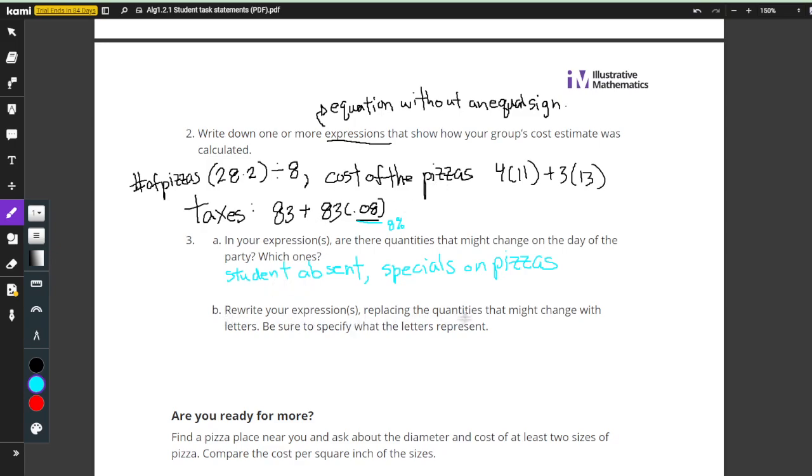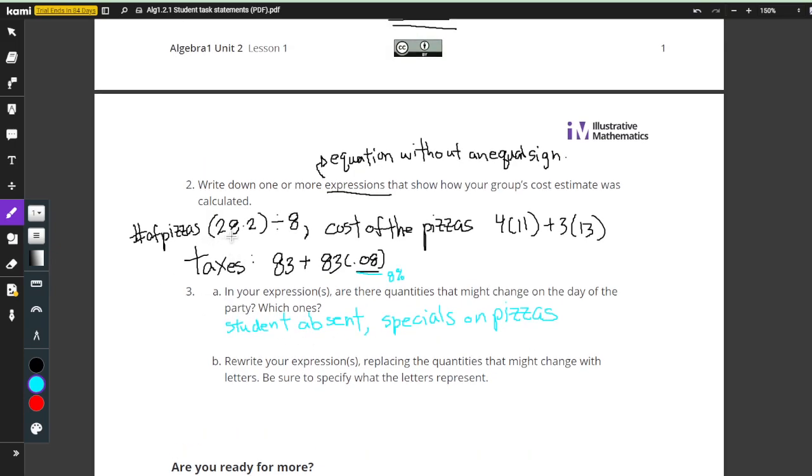Rewrite your expression, replacing the quantities that might change with letters. Be sure to specify what letters represent what. So we're saying the number of students. Instead of 28, it tells us to replace the quantity that might change with a letter. So 28 is going to be a letter now.